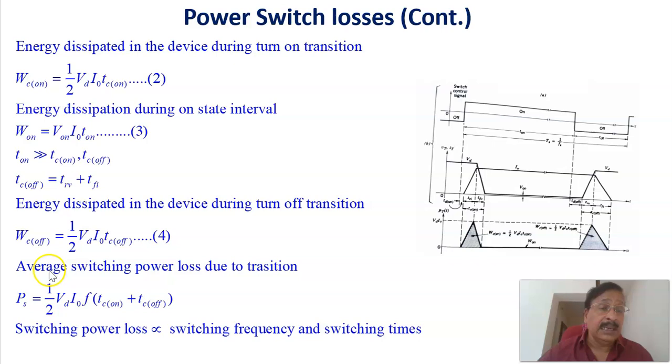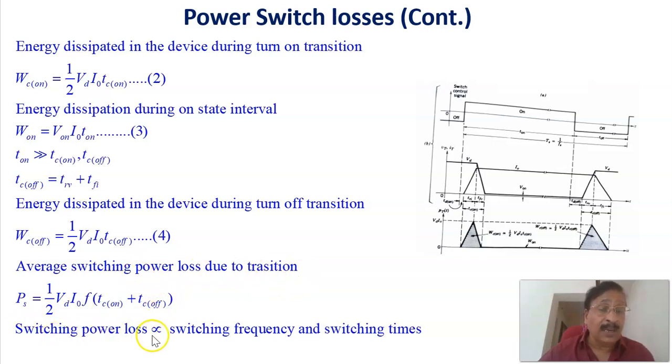And the average switching power loss due to the transition is equal to half VD I naught into, of course, TC on plus TC off, that is the energy loss. And of course to calculate the power loss, that is multiplied by the frequency, then we'll be getting the average switching power loss due to the transition.